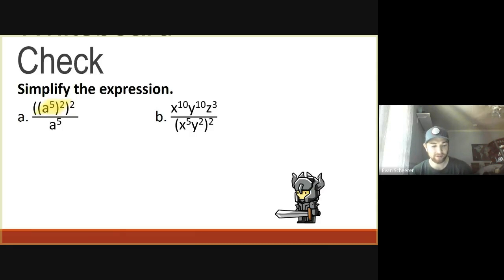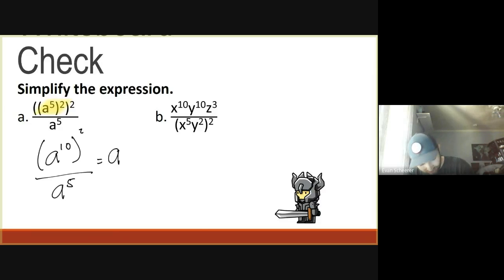So A to the 5th squared, that's going to give me A to the 10th, right? But it's still squared over A to the 5th. So therefore, when we do A to the 10th squared, we get A to the 20th over A to the 5th, right? So first I did the top, and then I squared it, right?